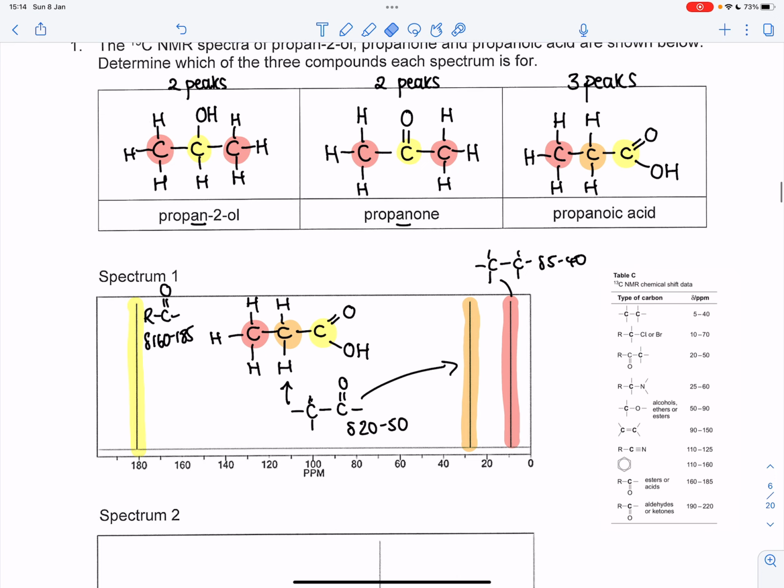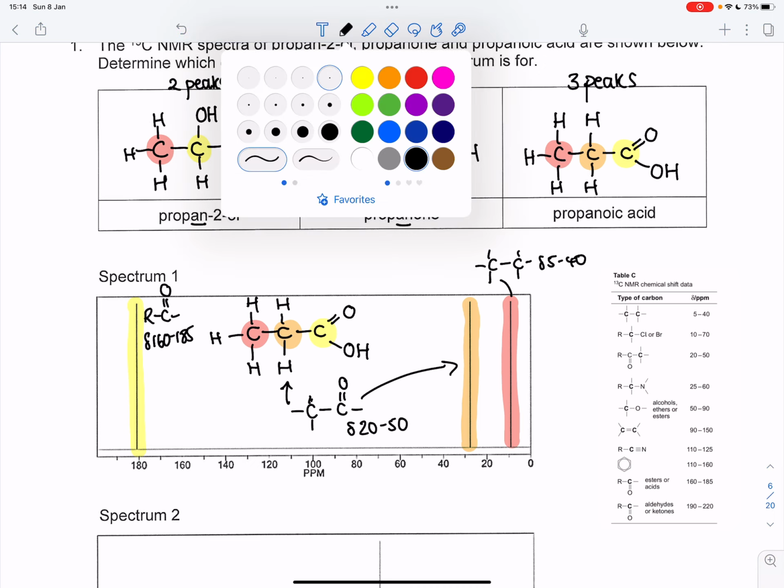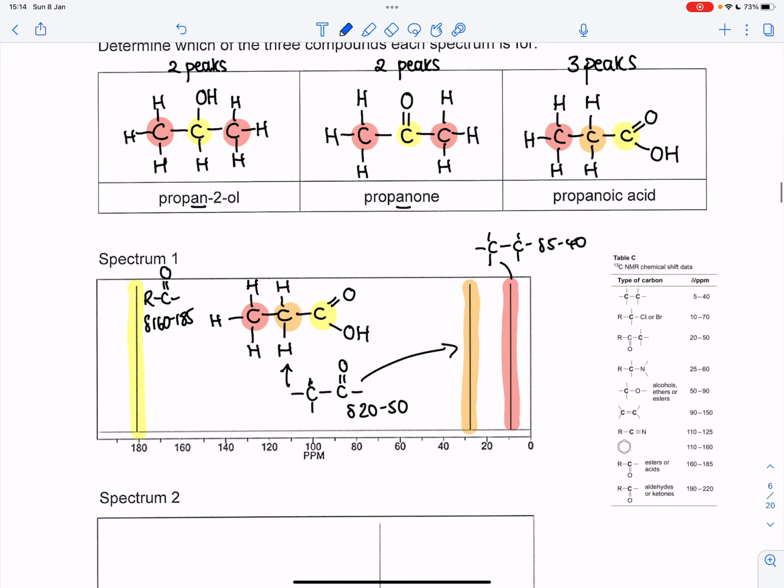So now that we've got two spectra but we're both expecting two peaks, we might want to approach it in a slightly different way and look at where we would expect the peaks to be. Now in propanone, because we've got a ketone, we'd be expecting something between 190 and 220, and then the ones that live next door to the C double bond O, so between 20 and 50 for the red type.